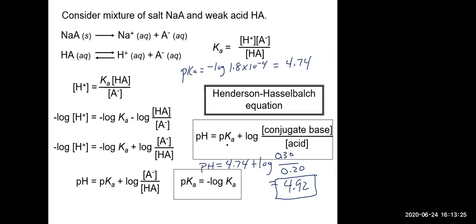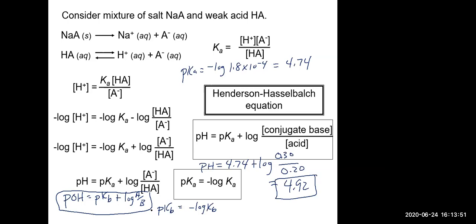There is another version of the Henderson-Hasselbalch equation that you will sometimes see: the pOH is equal to the pKb plus the log of the acid divided by the base, where the pKb equals minus the log of the Kb value.